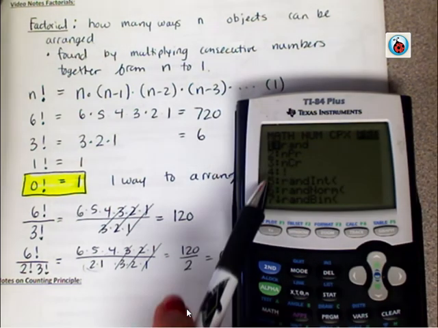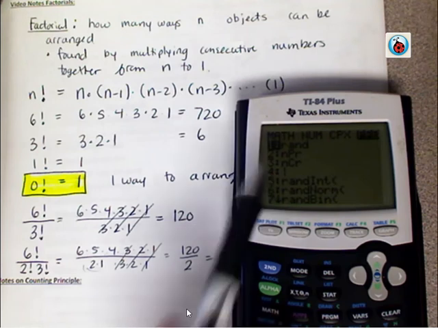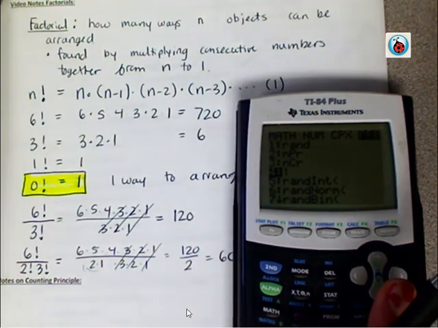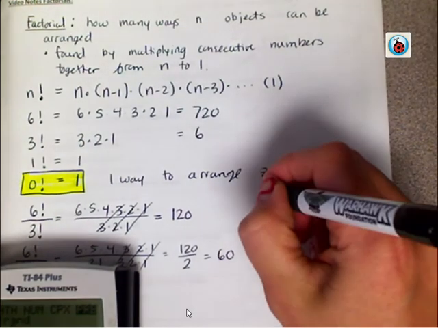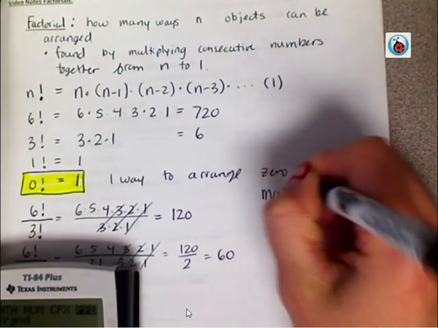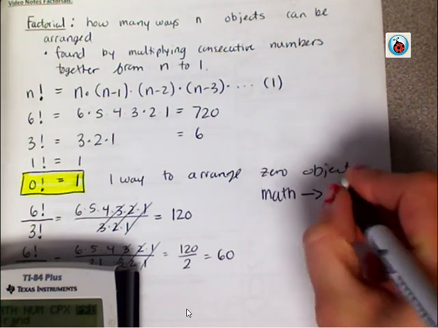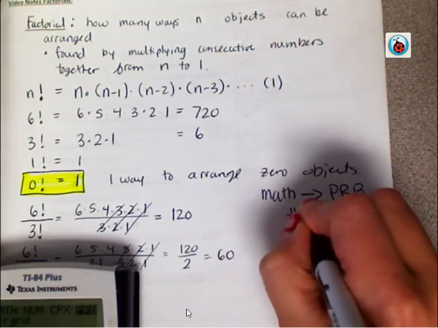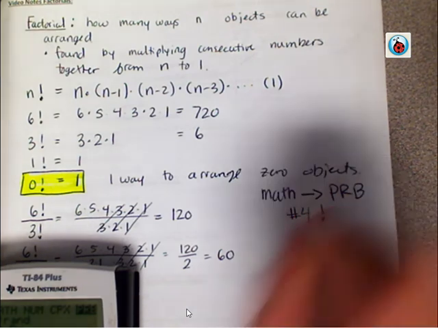Right here, number 4. Number 4. So let's jot that down. Math, arrow over to PRB, and you're going to select number 4, factorial.